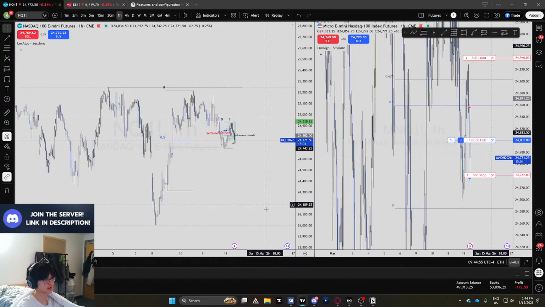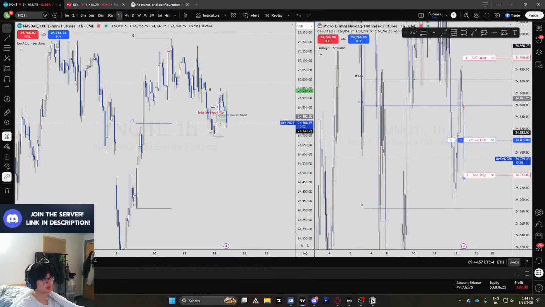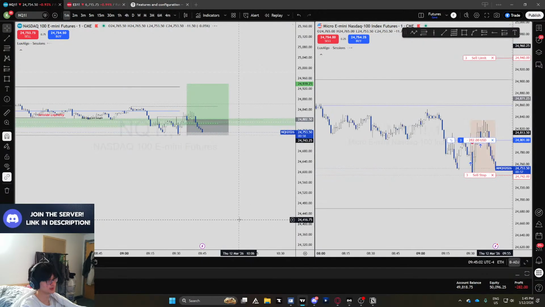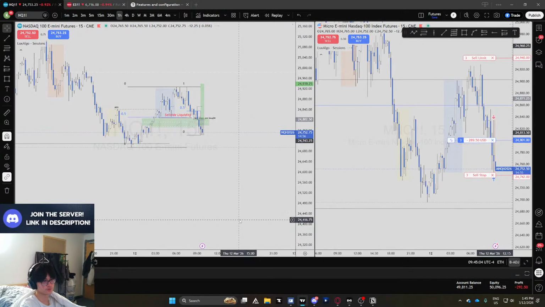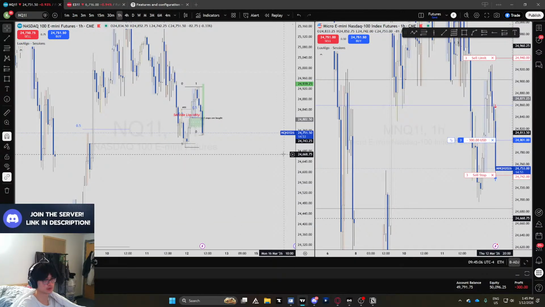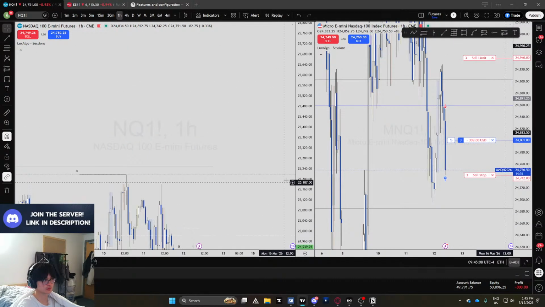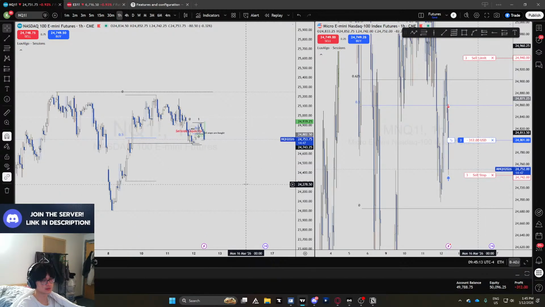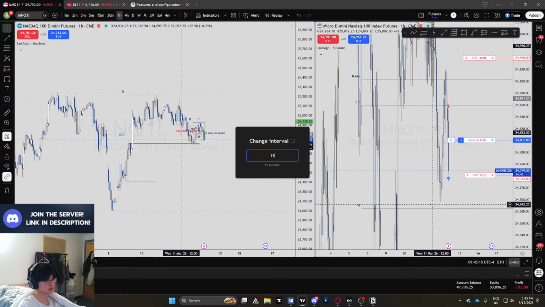Again, relative to equal highs. So I think honestly this should play out, but if it doesn't, then I have no idea what I'll be expecting for the next few days. It looks like it's not going to play out.